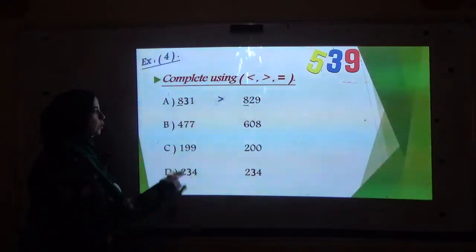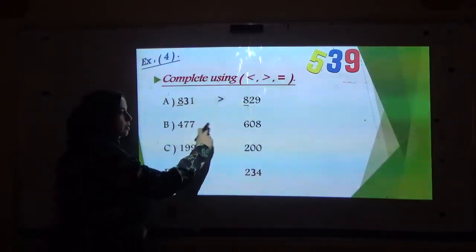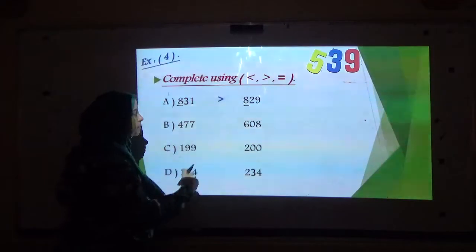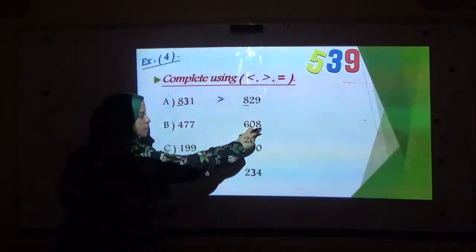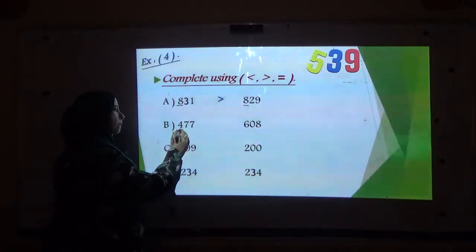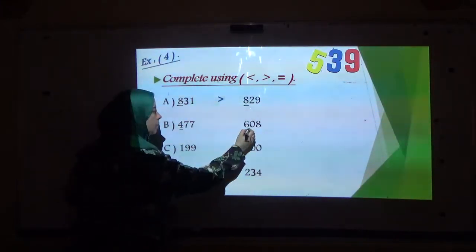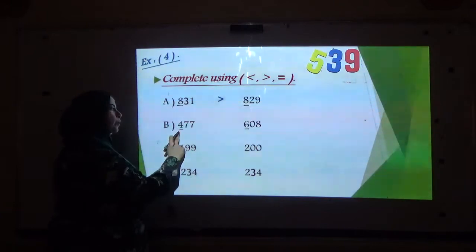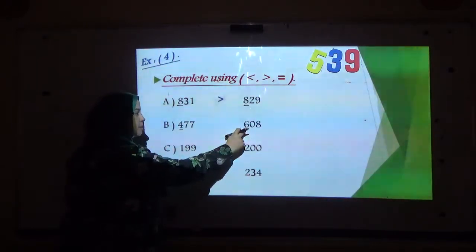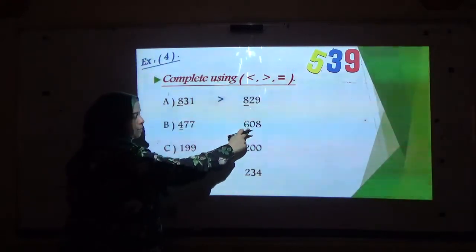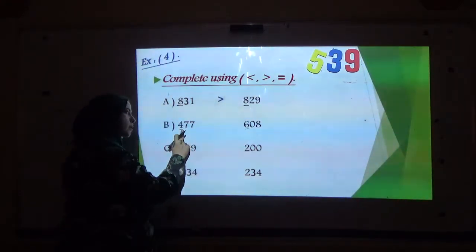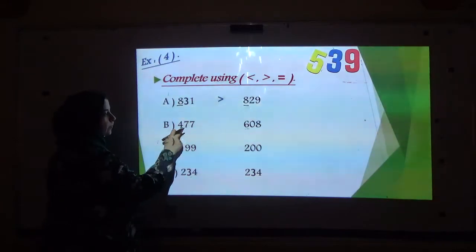Letter B, 477 or 608. Look at the hundreds, 4 and 6. 6 is bigger than 4, so 608 is bigger than 477.